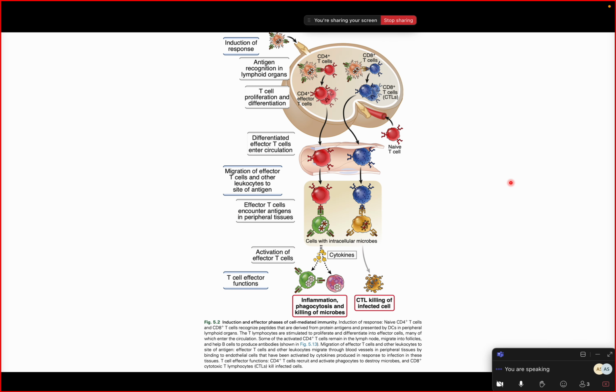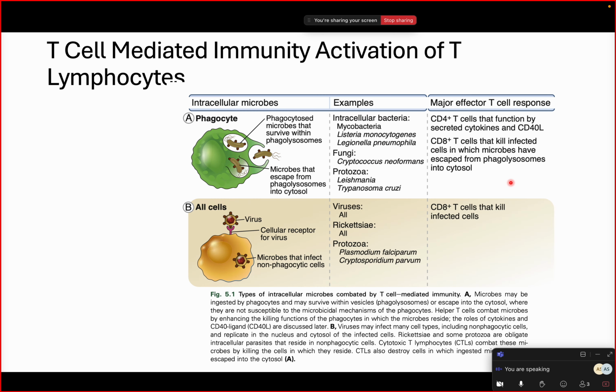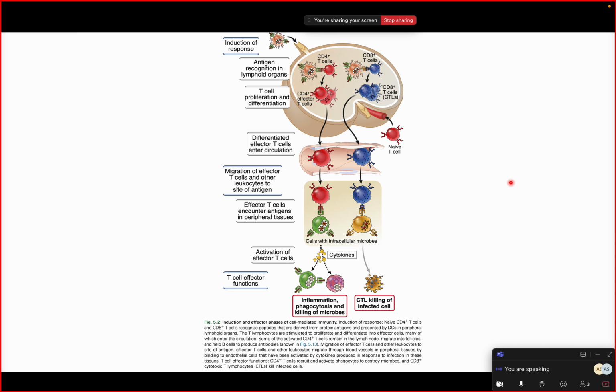Okay, now this is the overall induction and effector phase of cell mediated immunity. Till now, we saw in what cases cell mediated immunity will help. Here we are seeing all the major steps which are taking place in cell mediated immunity.